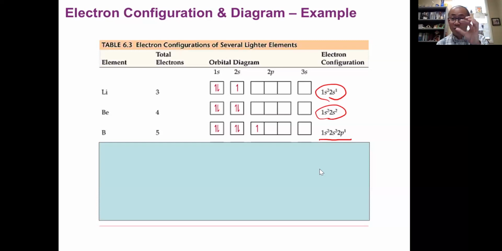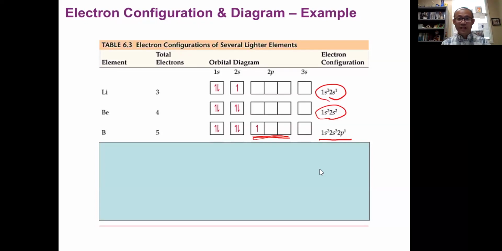Remember, the p subshell has 3 orbitals, so you have to put 3 squares for p. Of course, for boron, the 5th electron goes to one of the 2p orbitals.